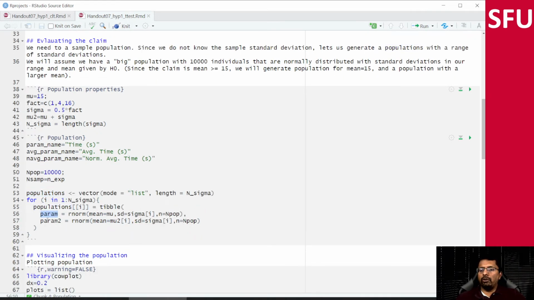So we are basically going to do the two parameters. The first is with mu equal to the given mu, and the second is a case where the population mean is a little bit higher by one standard deviation. This would correspond to the higher case of my null hypothesis.